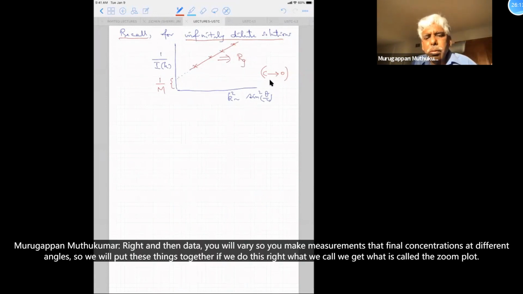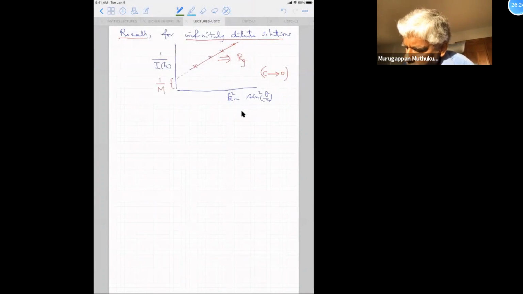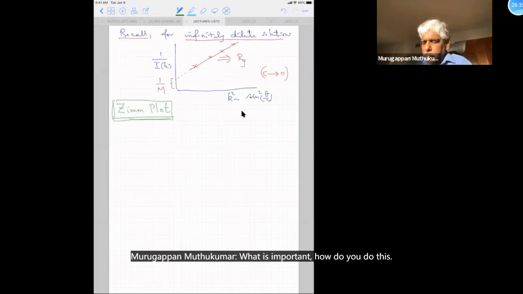So you make measurements at finite concentrations at different angles. We'll put these things together. If we do this, we get what is called the Zimm plot.